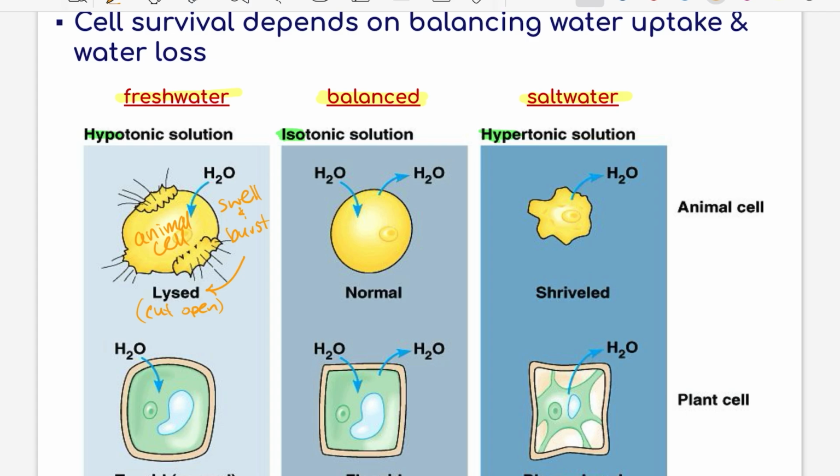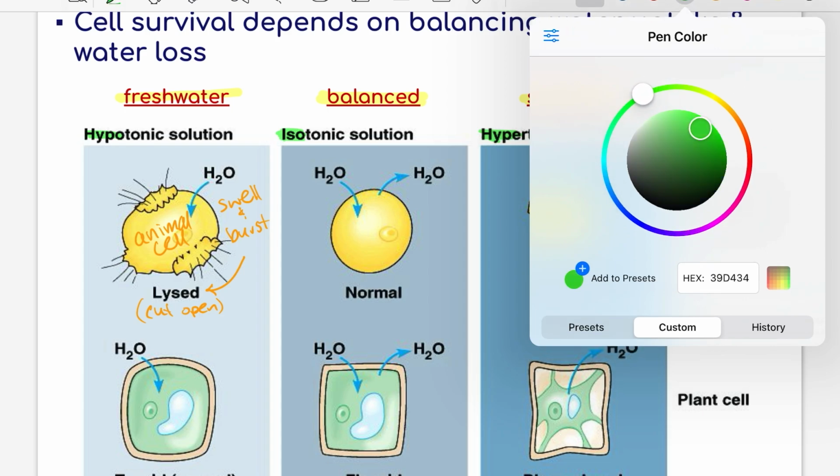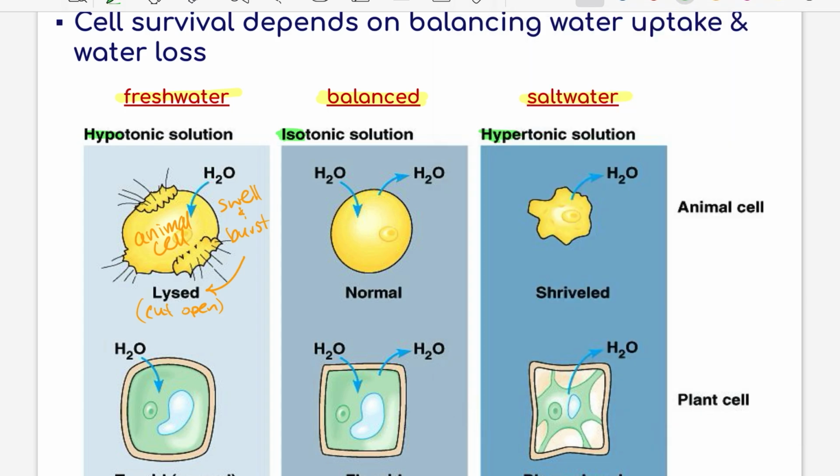Now, in freshwater, in a hypotonic environment, plant cells, here's the plant cell down here, will swell, but will not burst. Plant cells prefer this because the water is pushing outwards.